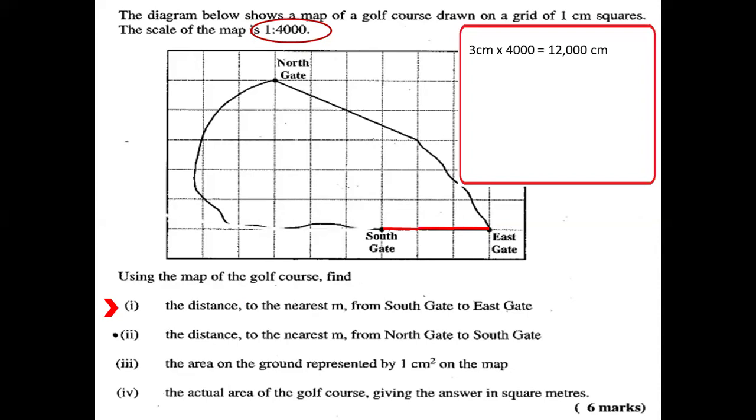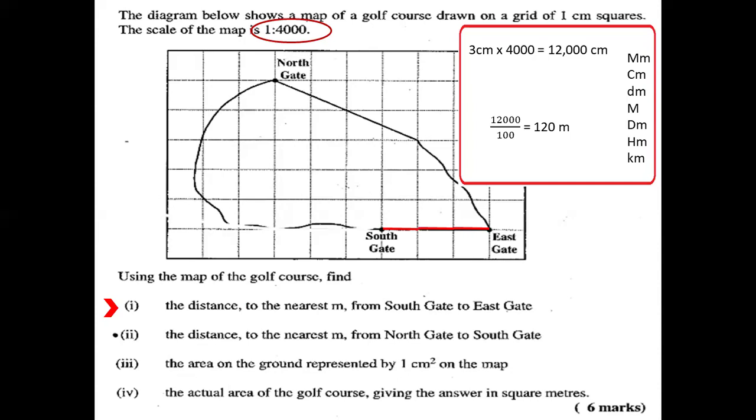That means you have to convert the 12,000 to meters. Again, if we list the units of measuring length in metric from the smallest to the largest, whenever we're going down, we're dividing. So from centimeter to meter, we're dividing by 100. 12,000 divided by 100 is 120 meters, right? That's from the south gate to the east gate, 120 meters.